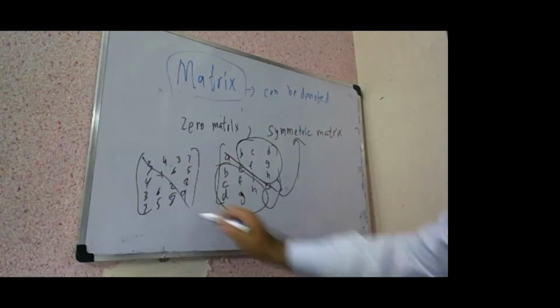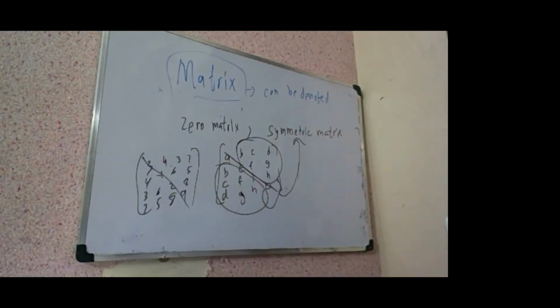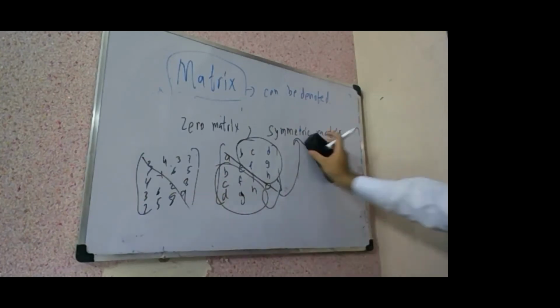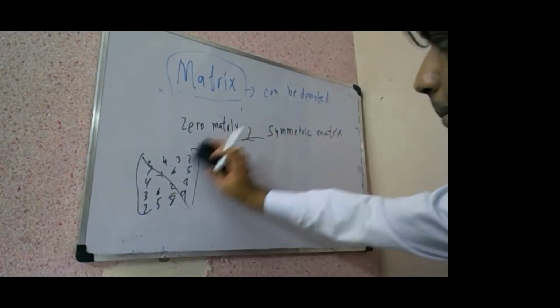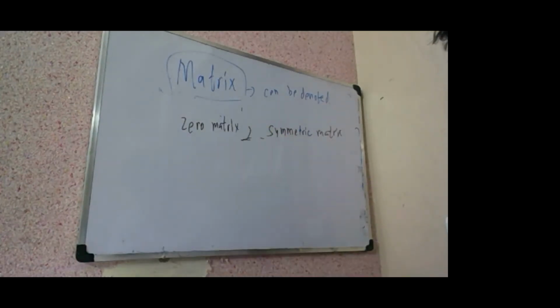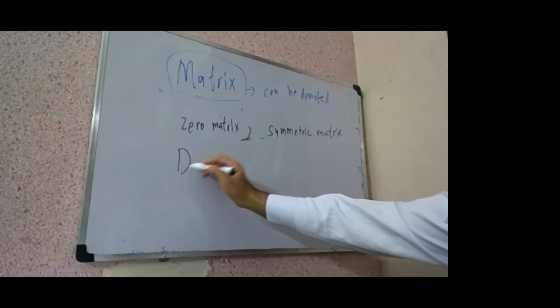So this is a symmetric matrix. So now if you see any matrix like this, you should know that it's a symmetric matrix. The diagonal is very important in a symmetric matrix. Now, what is a diagonal matrix?